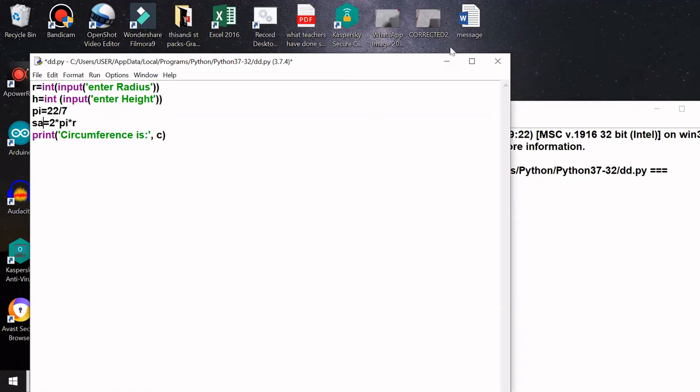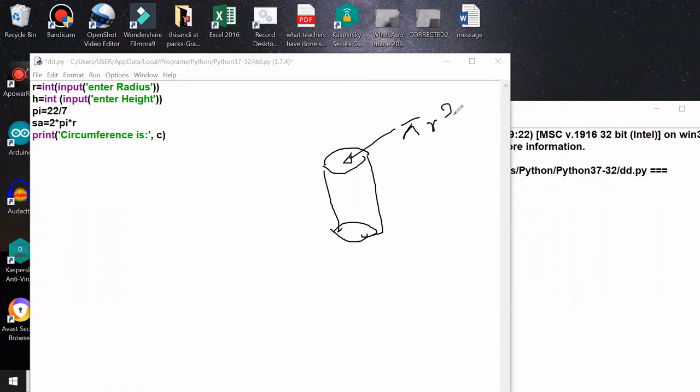So you know how to find the area of the two circles. There are two circles, you can remember, so how to find this area? Pi r squared, and since there are two circles, you should multiply it by 2. And how to find the area of this curved surface?